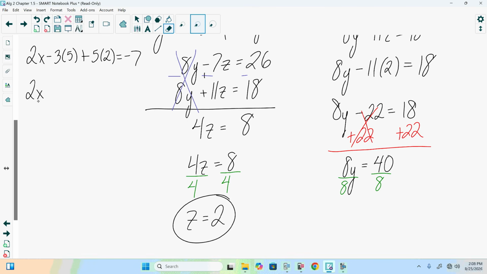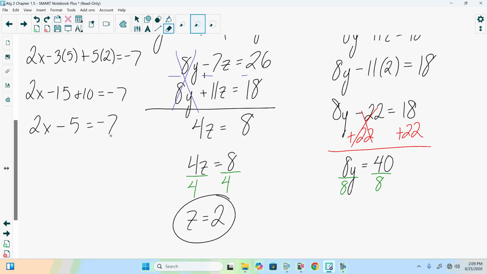Two ways we can go about this. The first is we can do negative 3 times 5, which is negative 15. 5 times 2 is 10. So we get 2x minus 15 plus 10 equals negative 7, yes? Negative 15 plus 10. 2x minus 5 equals negative 7.